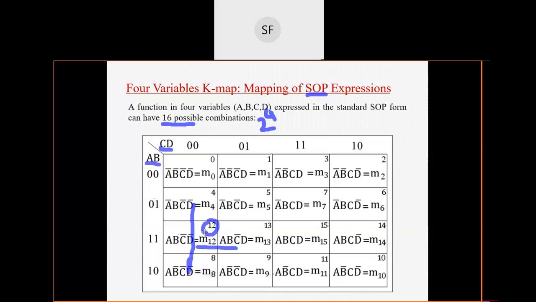So what we have achieved by this arrangement, by writing 1 1 earlier than 1 0, is that the physically adjacent cells are your actual adjacent cells.